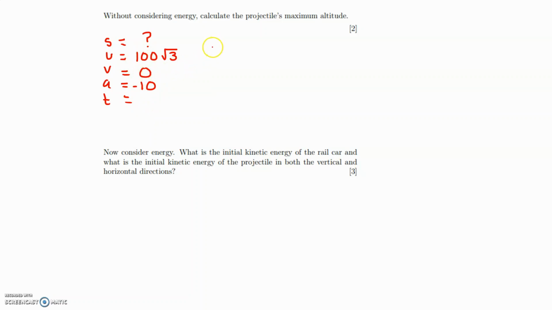So we're going to use another SUVAT equation, v squared equals u squared plus 2as, and we know v, u and a, and so we can calculate s. So if we rearrange that first, we get that s equals v squared minus u squared over 2a.